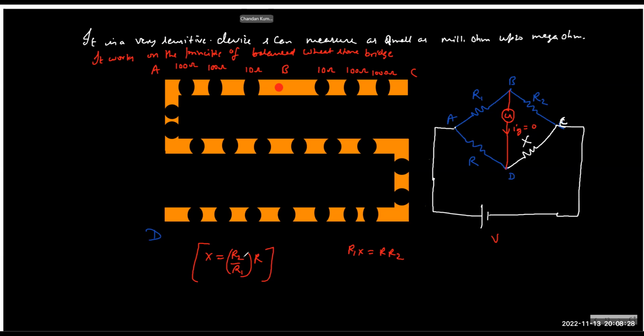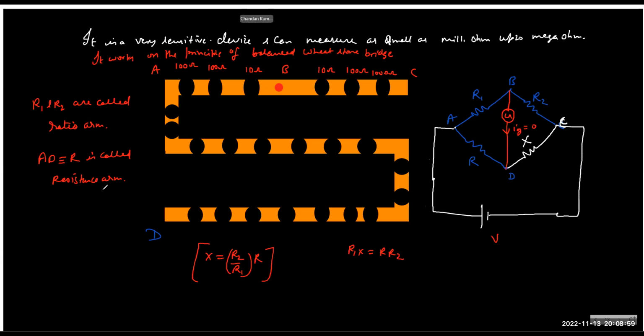That is why R1 and R2 are called the ratio arm. And the remaining AD is called the resistance arm.